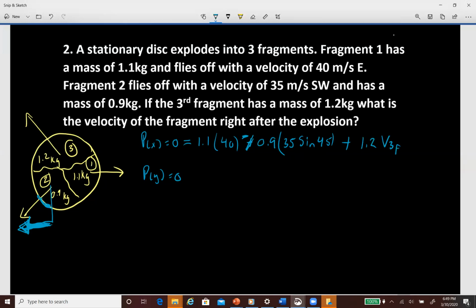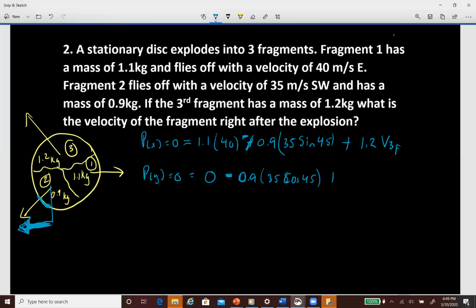Call that v3f. Now, if we look at the y direction, fragment 1 is not traveling in the y direction, so its momentum is 0. Fragment 2 is traveling south, so that's going to be negative, and its momentum will be its mass times 35 times cosine 45.